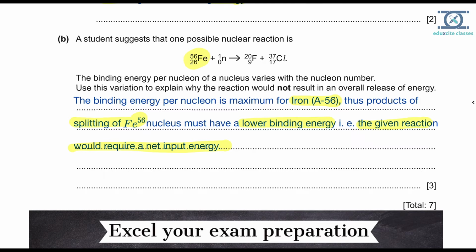So if you want to split the nucleus of iron, you will have to provide a lot of input energy. So this is the answer for the last part of the last question.